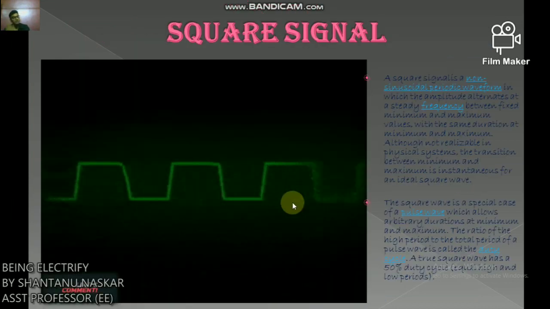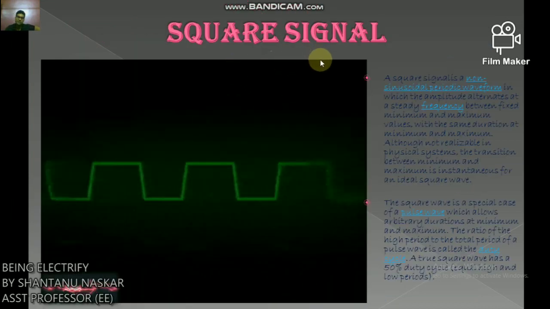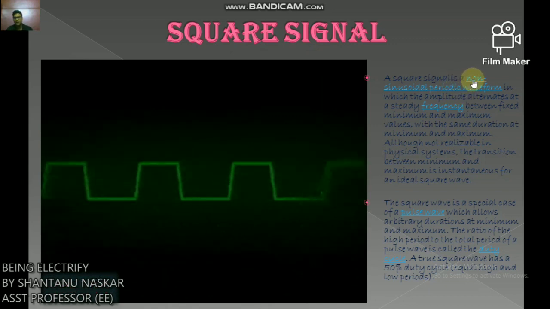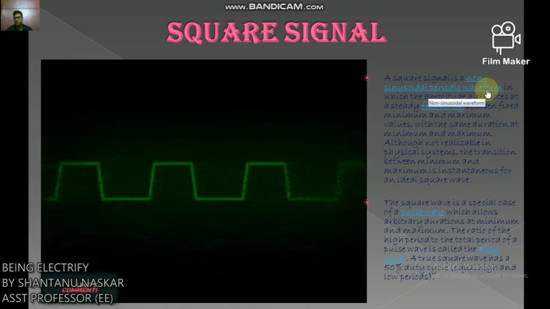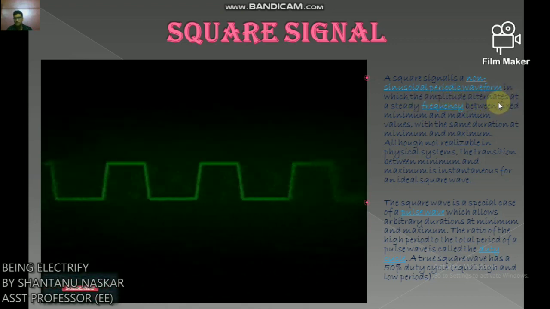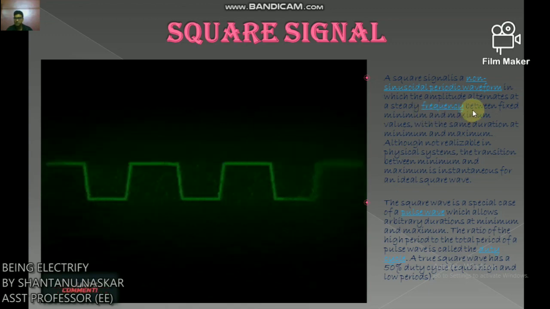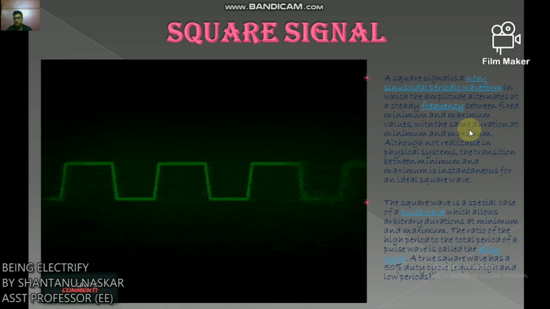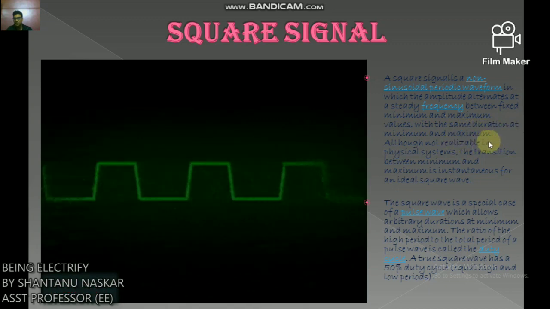So next is the square signal. A square signal is a non-sinusoidal periodic waveform in which the amplitude alternates at a steady frequency between fixed minimum and maximum values, with the same duration at minimum and maximum.